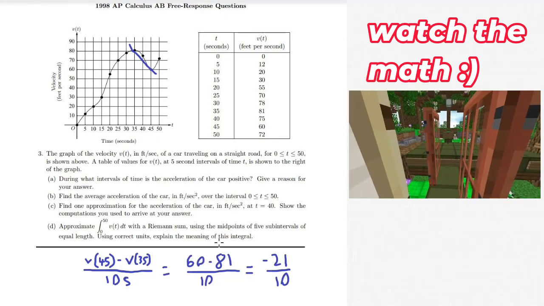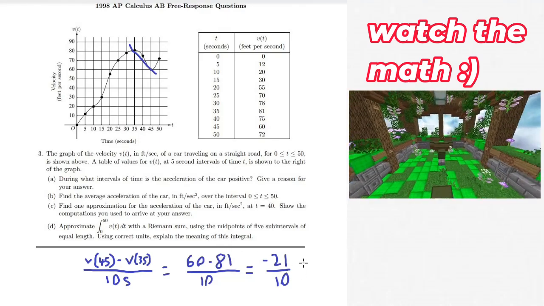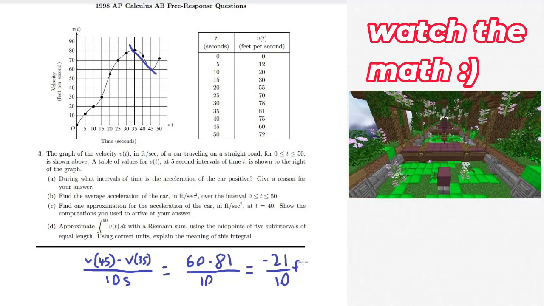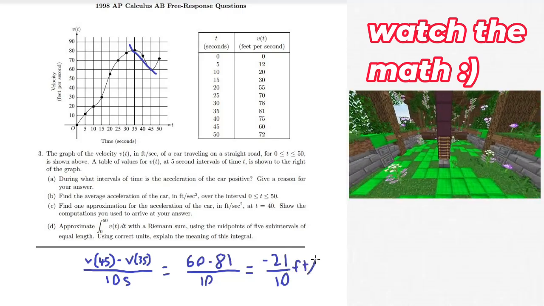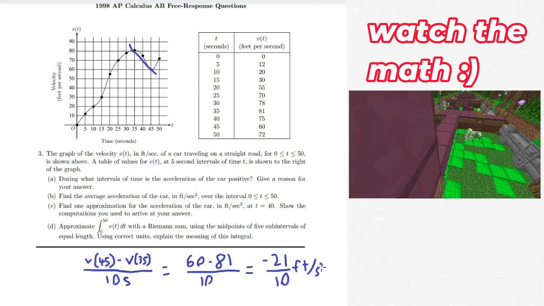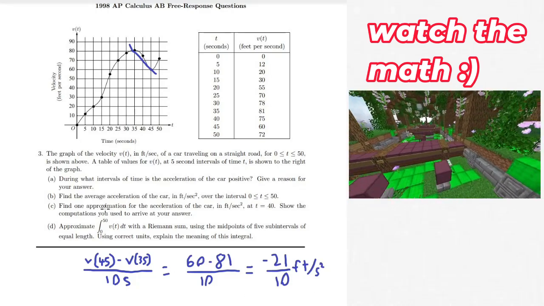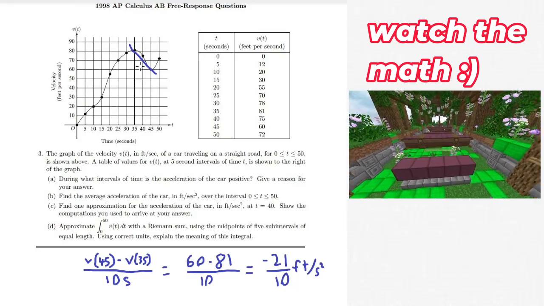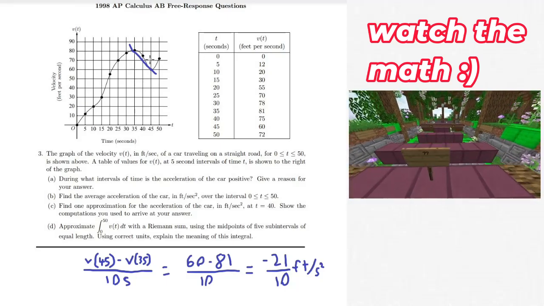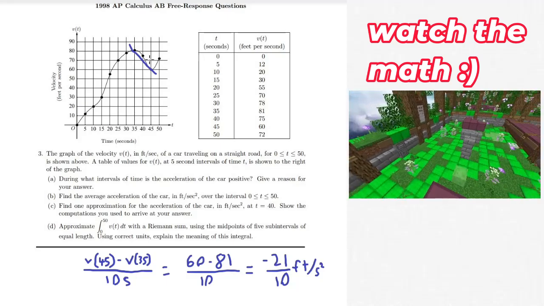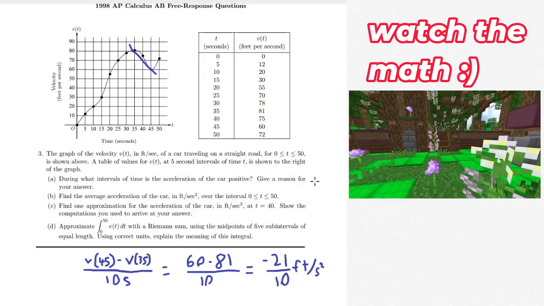But let's put the units back on. And feet, it gives us the units, how nice. Feet per second squared. And there is our approximation. You could take a different approximation. You could take it from 40 to 45, 35 to 40, or if you find the tangent, that's also acceptable. This question is pretty open.